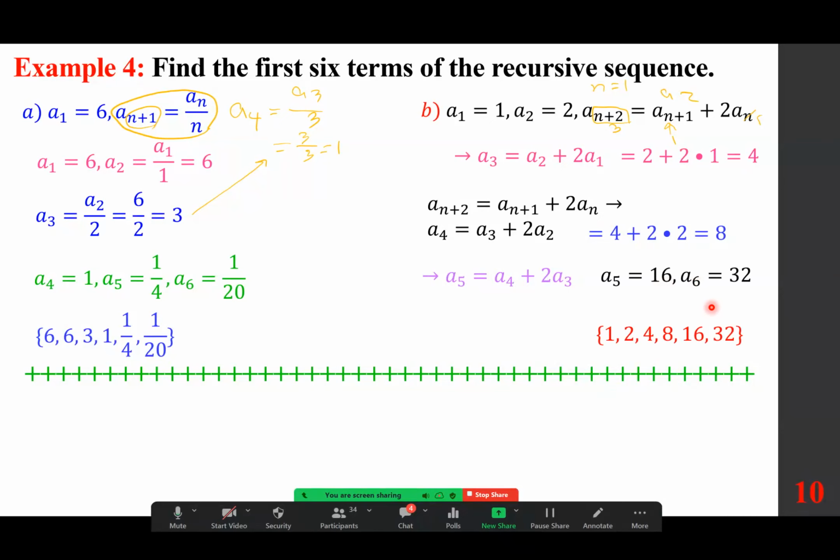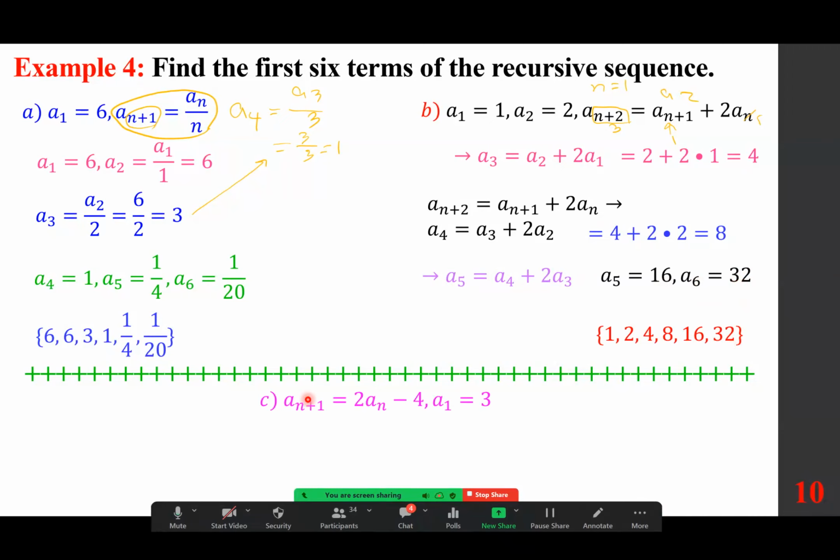It's a good practice that you do this one. In fact, find the next one, and the next one is 32.